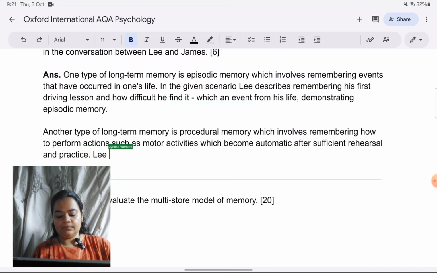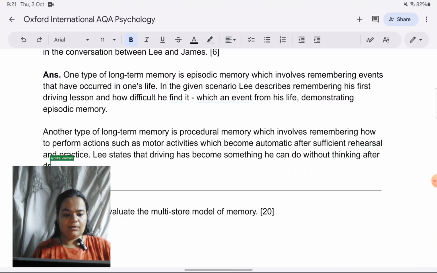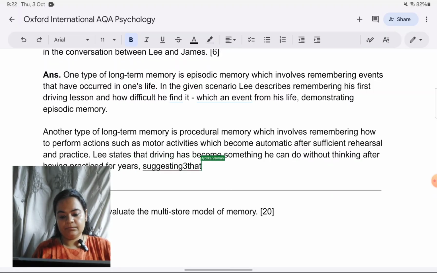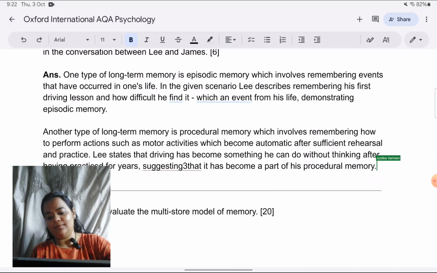Lee states that driving has become something he can do without thinking after driving for years, or after having practiced for years. I'm writing an indirect quotation, so that's why I'm adding something to it. Means what he's implying, I'm adding that. Suggesting that it has become a part of his procedural memory.